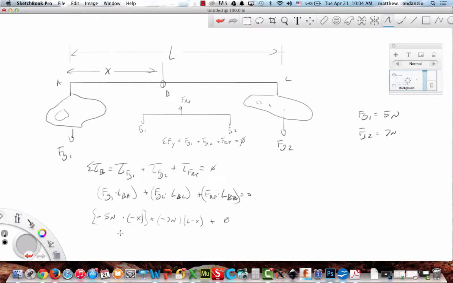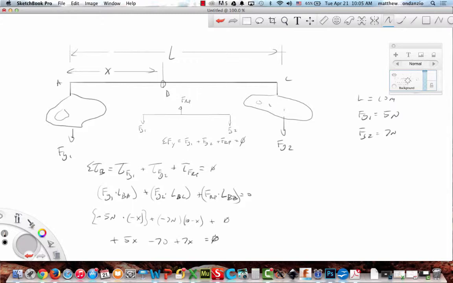Let's say L is 10 meters, so we're going to say 10 minus x for L. So that's going to be positive 5x, minus 7 times 10, which is minus 70, minus 7 times minus x, which is plus 7x, equals 0.